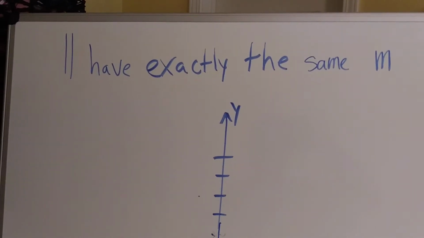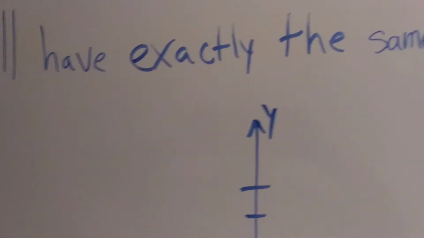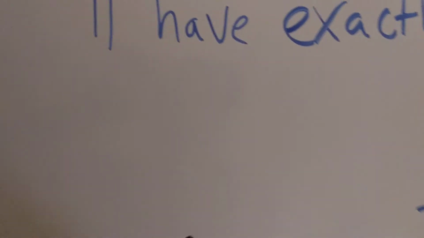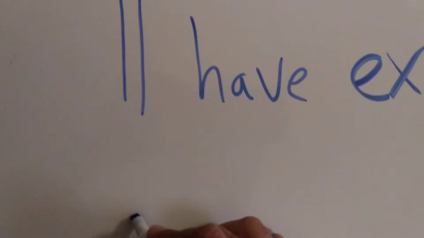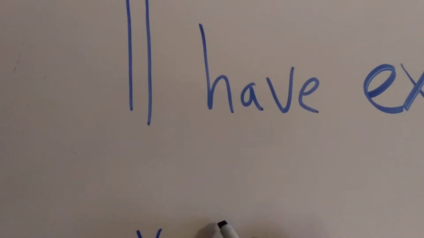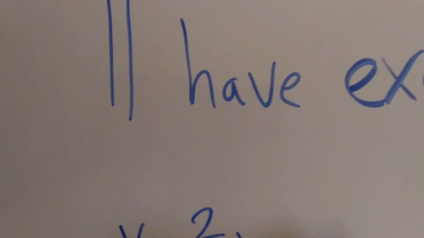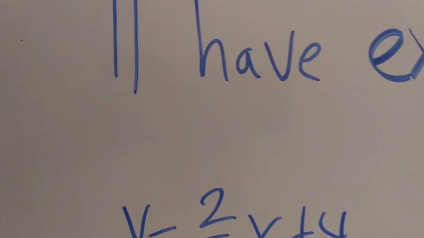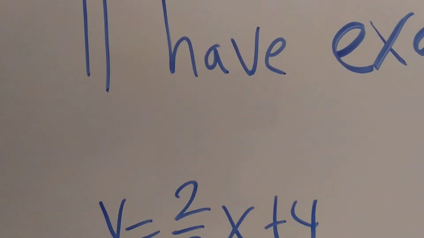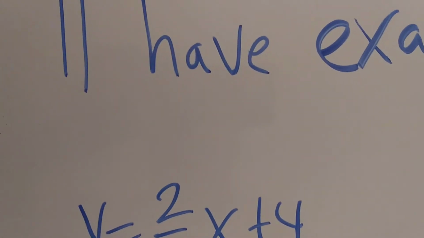So if they were to ask you a question, are the following equations those of parallel lines? Compare them. Let's say we have y equals 2/3 x plus 4, and y equals 2/3 x plus 7.